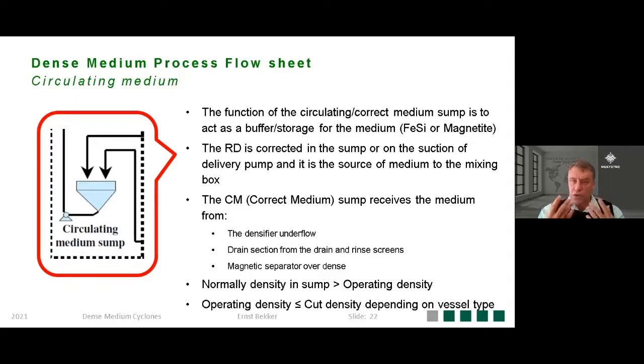That allows for the introduction of water, which is the more common, more acceptable method of controlling density, because that allows you to make density changes quite quickly if need be. The operating density, in other words the density in this pipeline going to your mixing box, is generally lower than the cut density, depending on the type of vessel that we're using in this process.